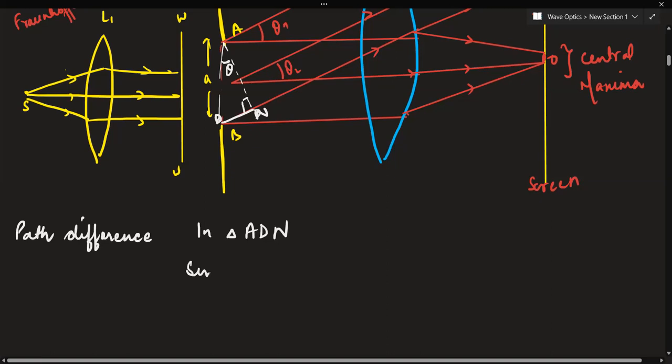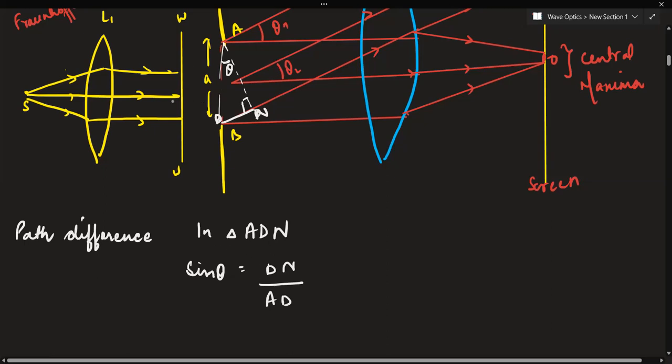What should be sine θ? DN by AD, exactly. It should be DN by AD.